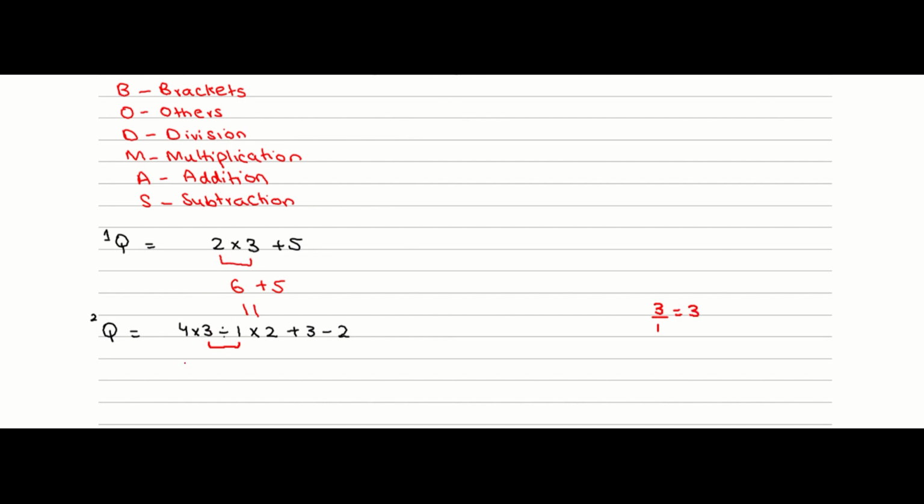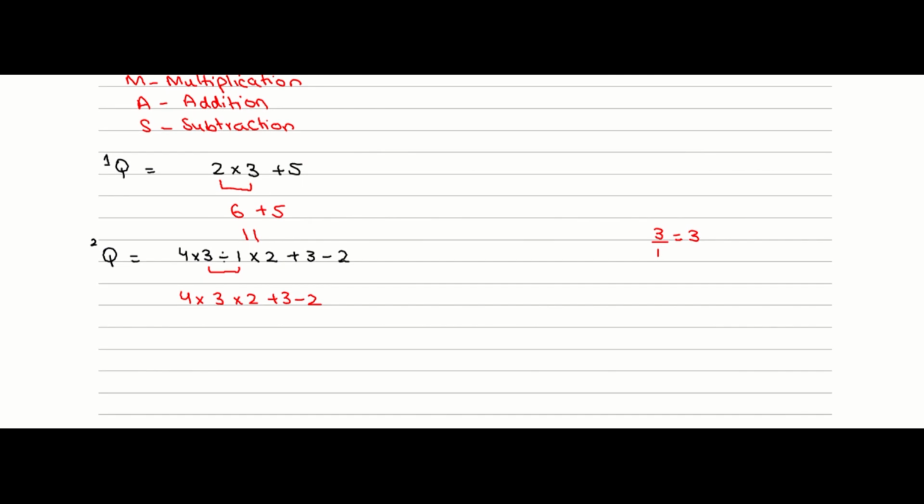So here we will write 4 times 3, and the other things will be as they are. 3 divided by 1 gives you 3. Then we have times 2, then plus 3 minus 2. Next after division in the BODMAS rule is multiplication, because multiplication is happening between these numbers.